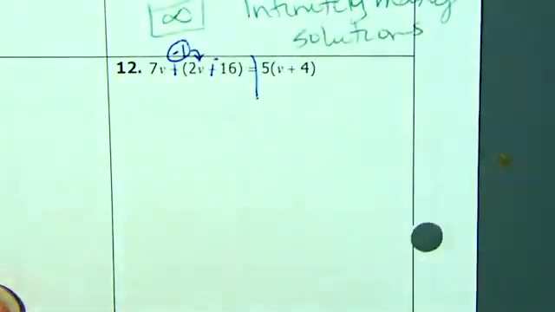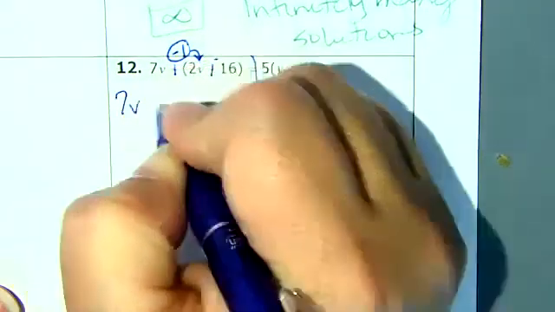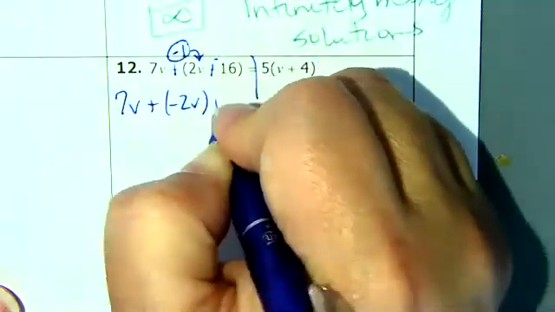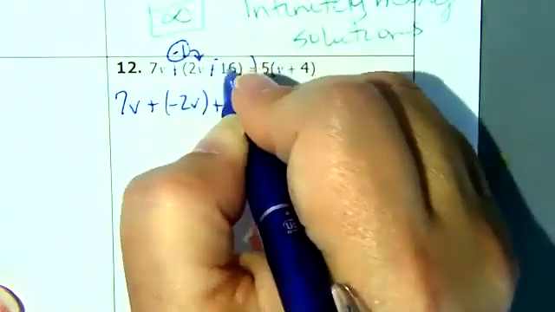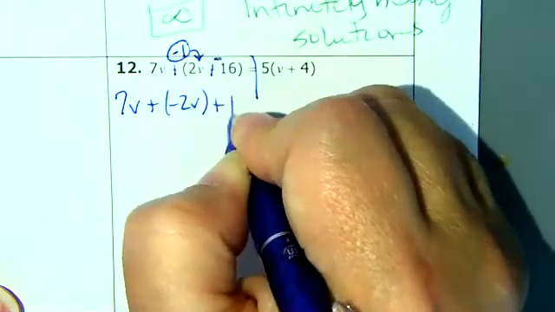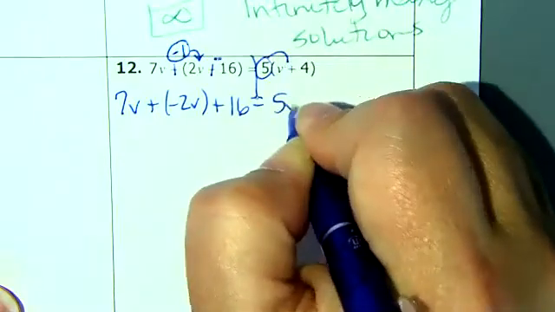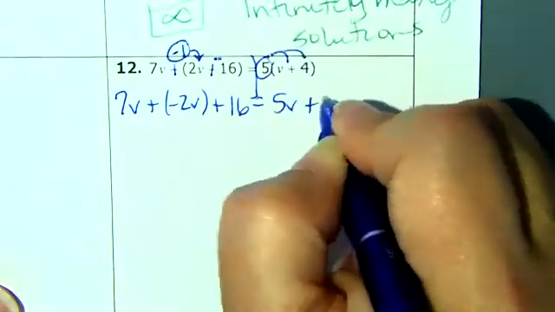So my first step is to simplify each half. So I'm going to end up with 7v plus negative 2v plus negative 1 times negative 16 gives me a positive 16 equals, now I distribute this 5. So I have 5v plus 20.